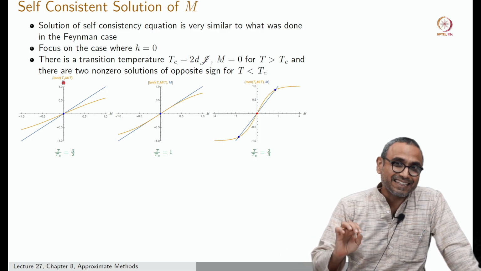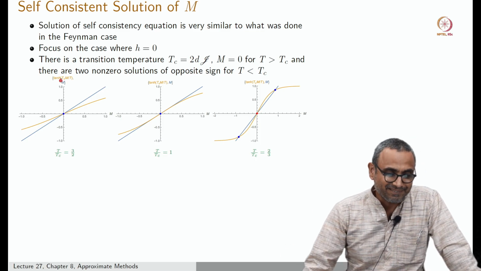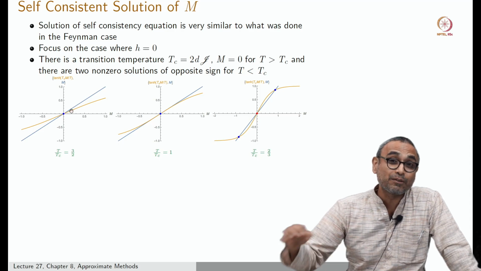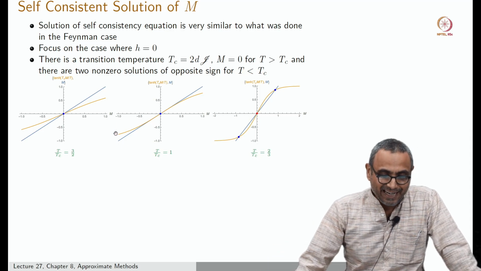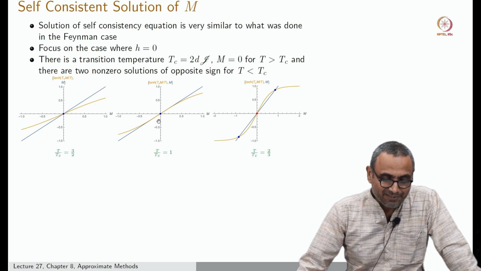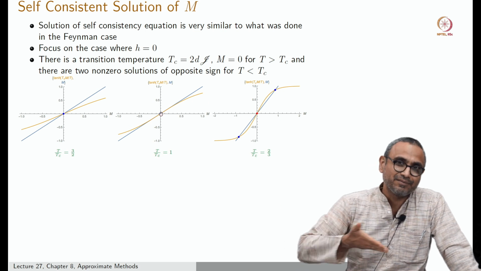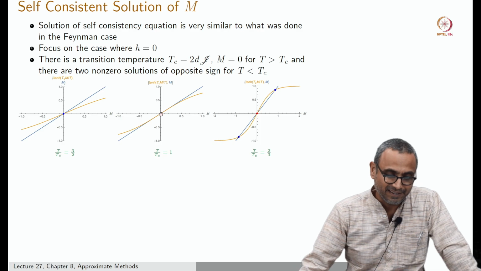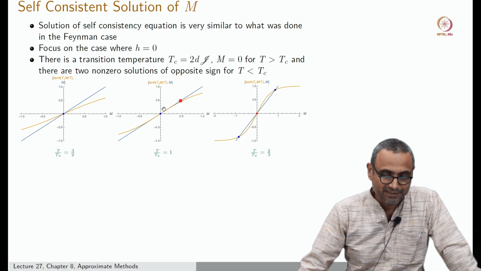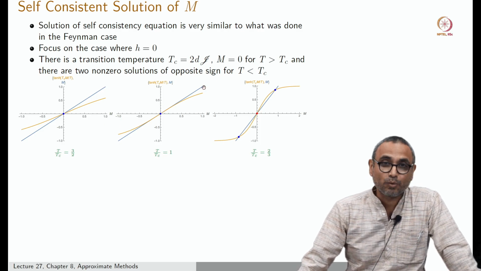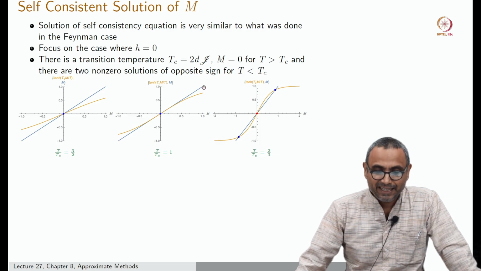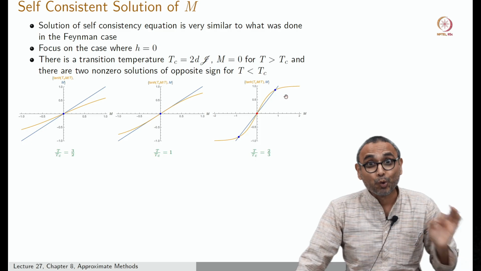So the critical temperature occurs when the slope of this tanh at m equal to 0 is equal to 1, and that is where this tanh curve will be grazing this straight line here with slope 1, and if T is less than Tc, then you will have two solutions.